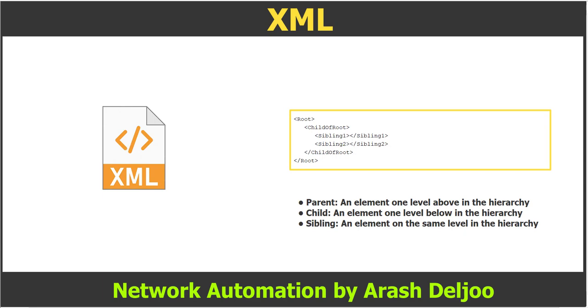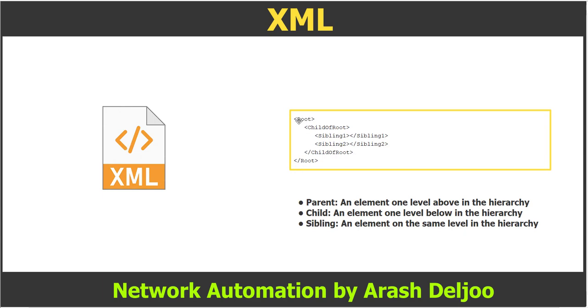XML elements are formed using case-sensitive tags that occur in pairs, as you can see here. There must be an opening tag, which starts with a less-than sign, and then the closing tag, which again starts with a less-than sign followed by a slash.